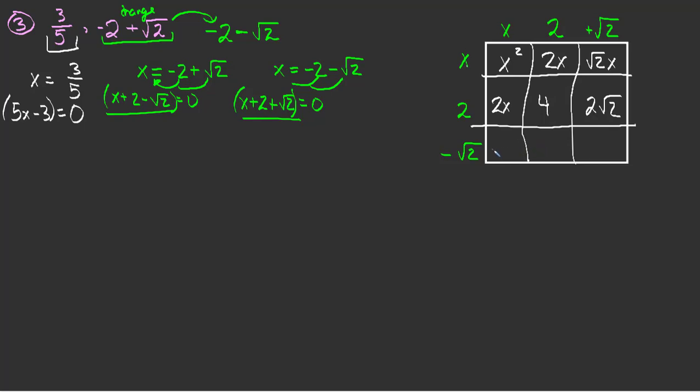And then we have negative x times the square root of 2, or another way to write that is negative square root of 2 x. And we have negative 2 square roots of 2. And this last one, square root of 2 times square root of 2 is going to be 2, and one of them is negative, one's positive, so negative 2.